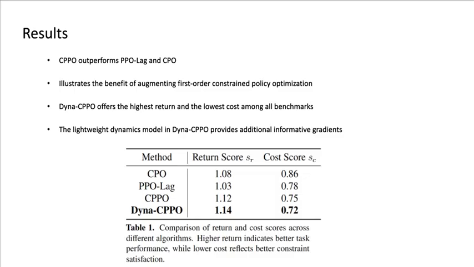So this comparison illustrates the benefit of augmenting first-order constraint policy optimization. Based on CPPO, we observe that Dyna CPPO offers the highest return and the lowest cost among all benchmarks. So we see that the lightweight dynamics model in Dyna CPPO provides additional informative gradients.